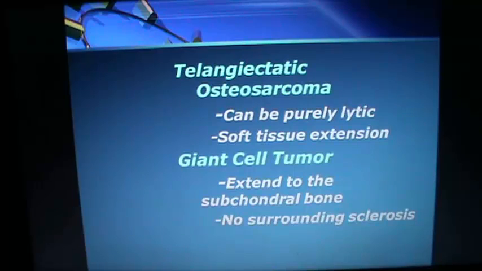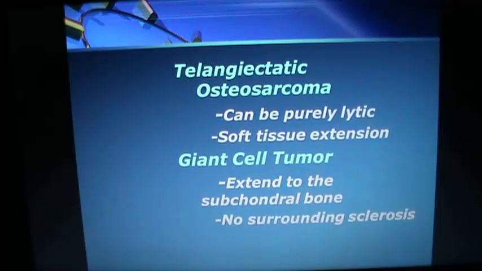In telangiectatic osteosarcoma, which is a malignant process but with little bone formation due to aggressiveness, it's mainly forming soft tissue extension.